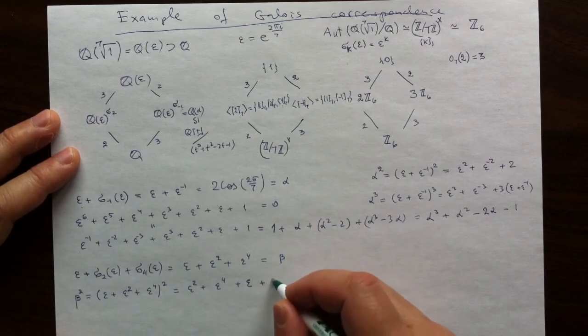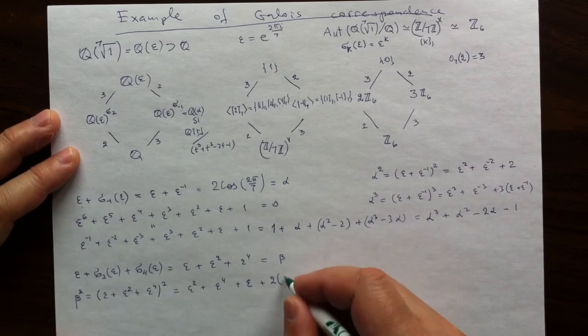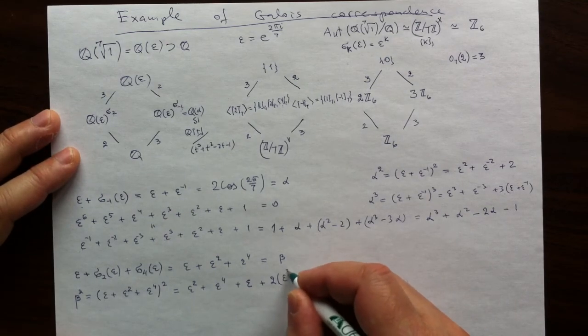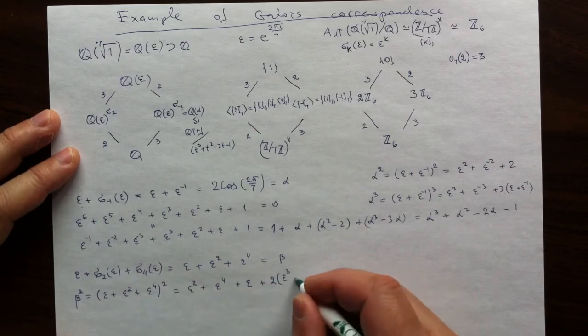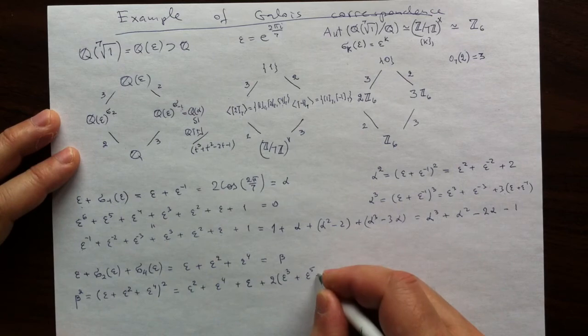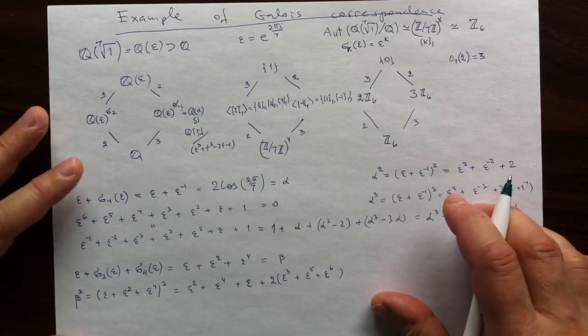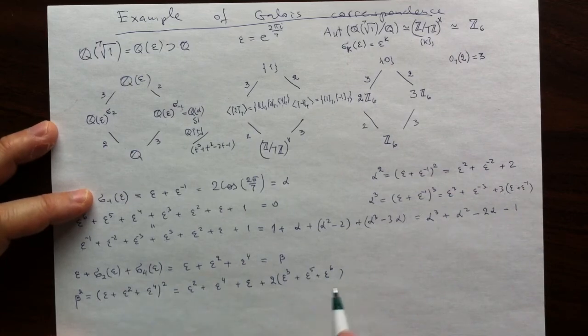And then with coefficient 2 I have 3 products of different summands. So I'll have epsilon with epsilon squared, which gives me epsilon cubed. I have epsilon with epsilon to the 4th, which gives me epsilon to the 5th. And then I have the product of these two, which is epsilon to the 6th. So that is just the trinomial formula.